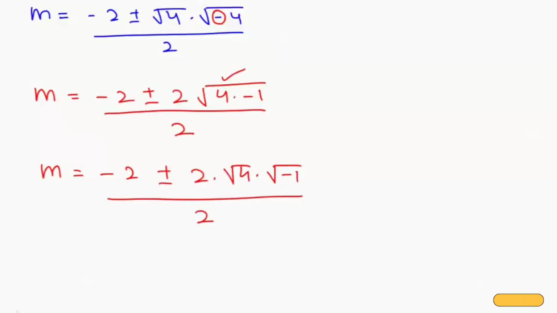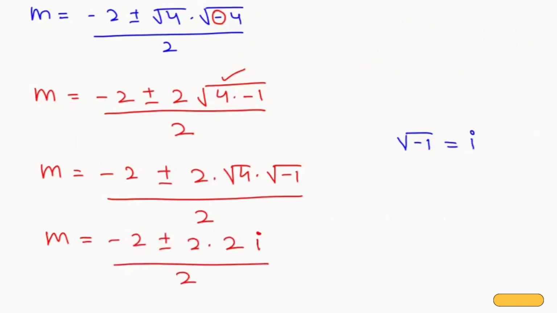And as we know that root of negative 1 is always equal to iota, the imaginary number. So this will turn to m is equal to minus 2 plus minus 2 times this equals to 2 iota over 2. Now I'm going to multiply this. So this will turn to m is equal to minus 2 plus minus 4 iota over 2.